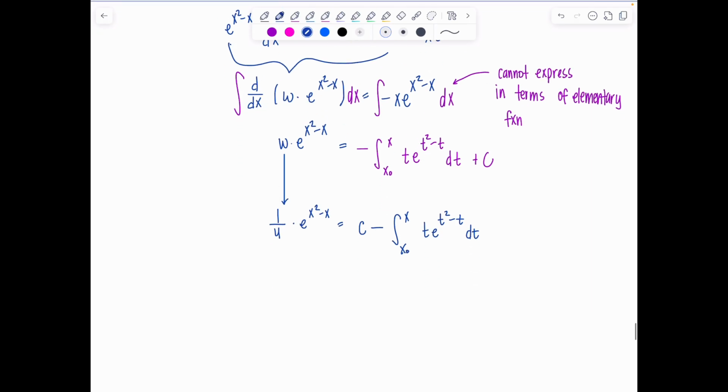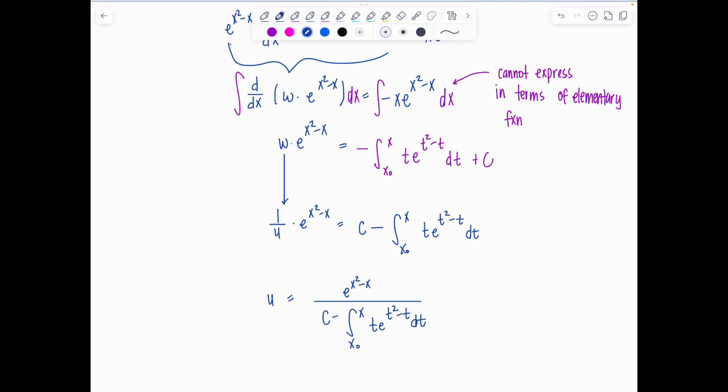And then take the reciprocal of both sides and divide by e to the x squared minus x. I think you can handle it. U equals e to the x squared minus x over c minus integral x naught to x t e to the t squared minus t dt.